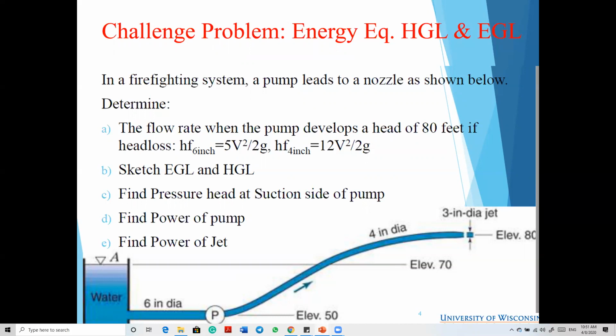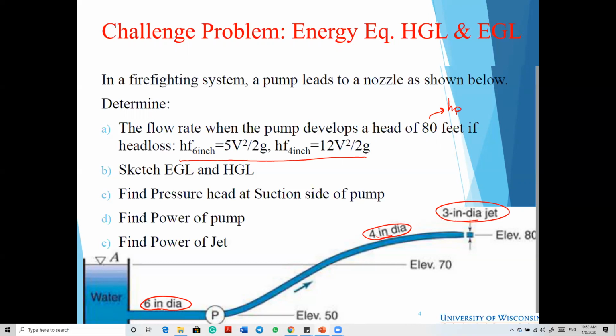So from here, we know the head for the pump is given, and these are the two head losses for different piping diameters. In the picture, you can see we have 6-inch diameter and 4-inch diameter, and also the nozzle has 3 inches diameter.